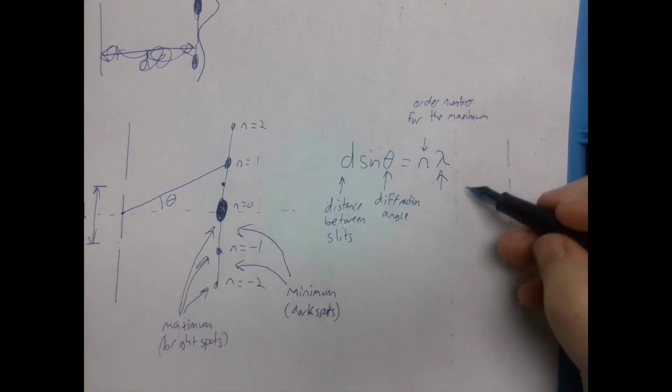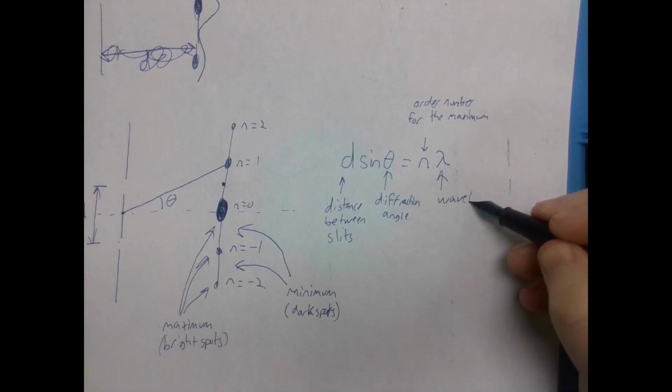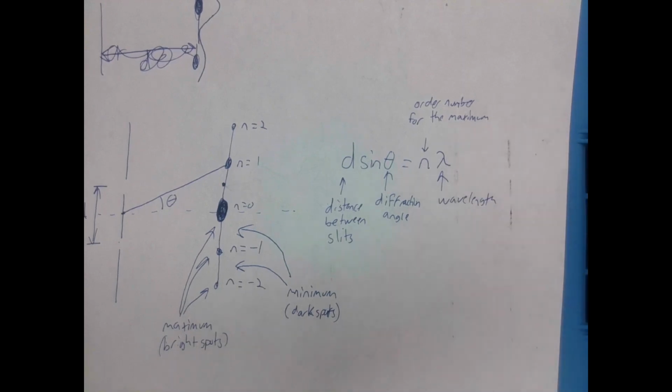And this is the wavelength, which is also one of the reasons why lasers and such are all given in wavelengths and not frequency. Even though frequency is the better number to use, this equation depends on wavelength. Because interference depends on when the wavelengths match.